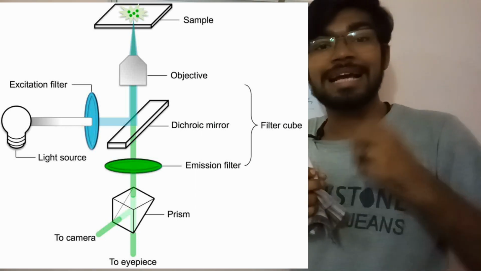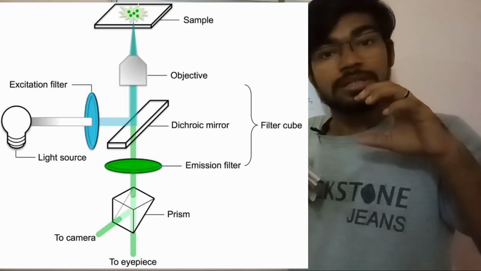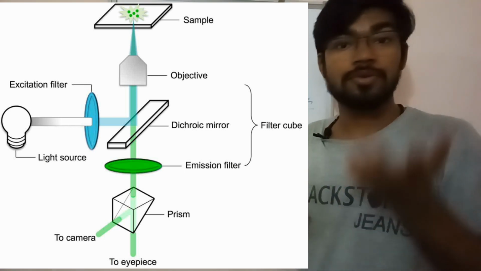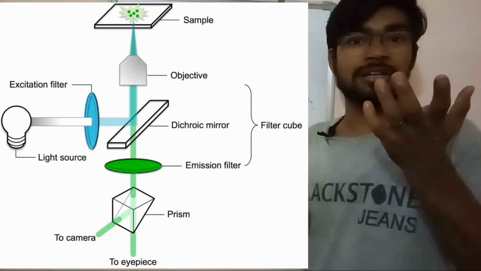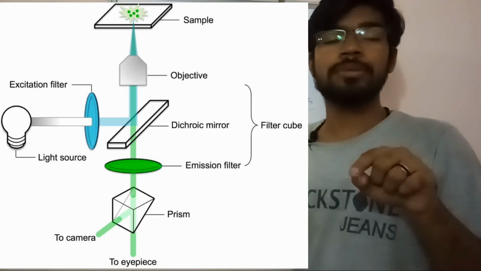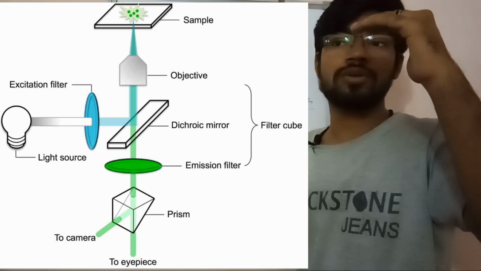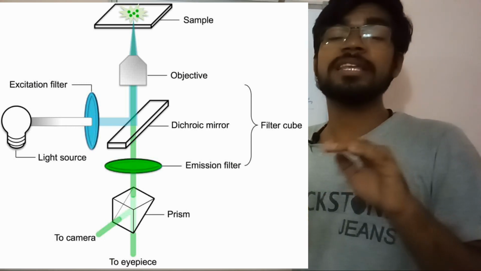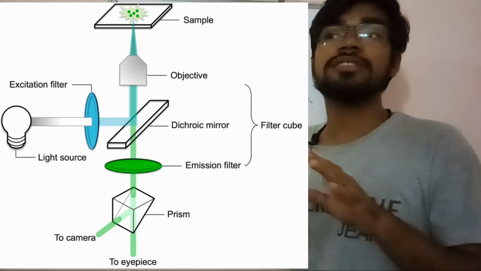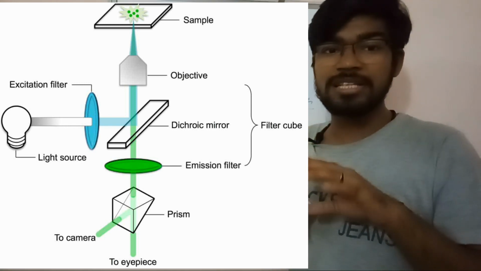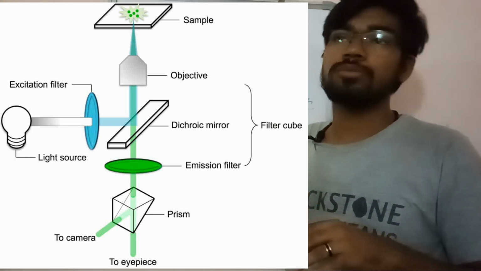The object becomes excited and emits fluorescence, a higher wavelength light. This fluorescent light comes again into the dichromatic mirror, which passes it to the barrier filter. The barrier filter blocks the insufficient or shorter wavelength light, so it cannot damage our camera system or our eyes. By this, the image is formed.